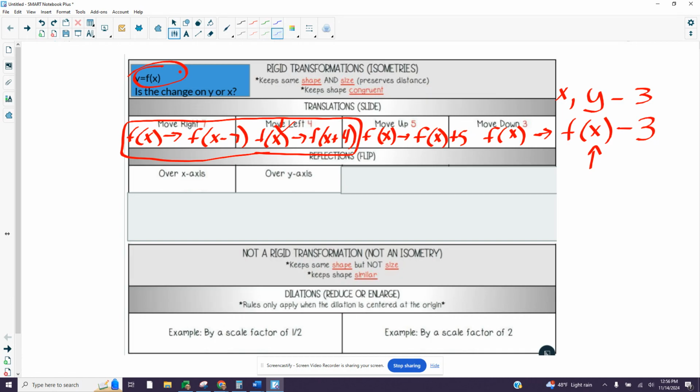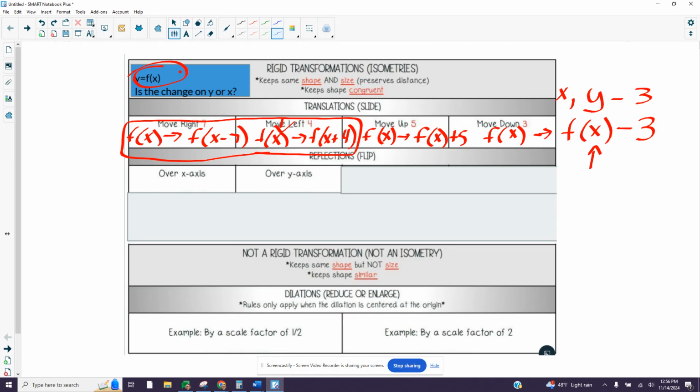So let's talk about our reflections now over the x and the y axis. What is being changed when we reflect over the x-axis? Remember our x values are staying the same, but our y values are changing. The y values are being the opposite signs.